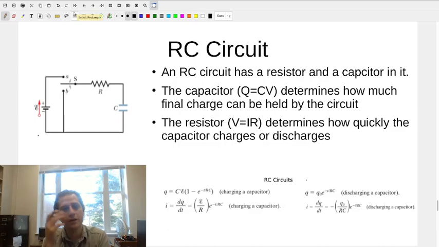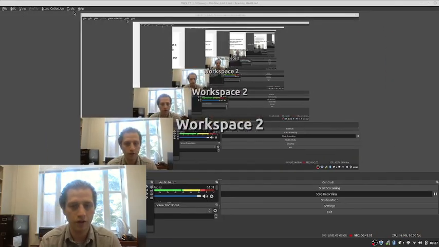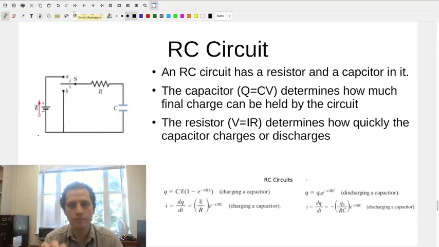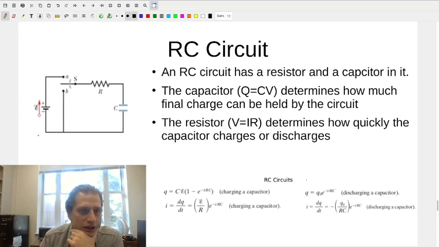Okay, so our last topic I want to discuss just a little bit is RC circuits. We only briefly went over these on Friday. The basic idea is that if you flip an RC circuit on, it will charge up.